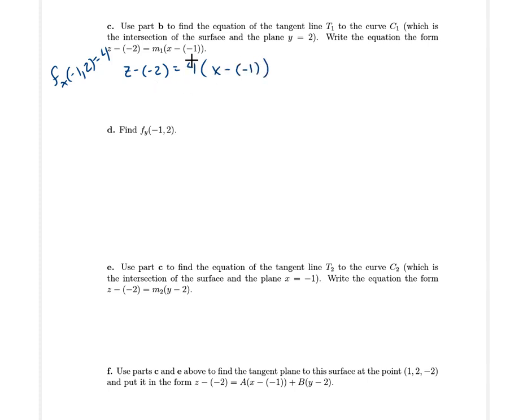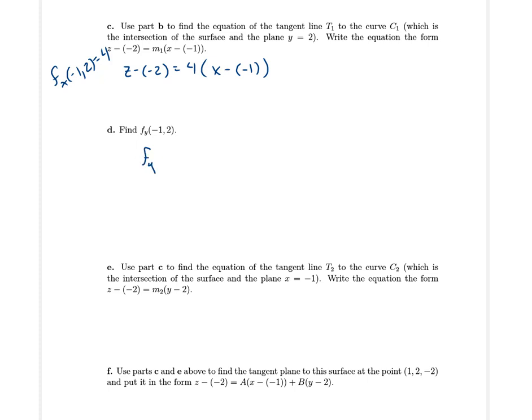right? Because what does the partial with respect to x tell us? It says if y is frozen, how is the function changing? How is the z value changing as x varies near that point? All right, so there's that line. Now we're going to do the same thing with the partial derivative with respect to y.